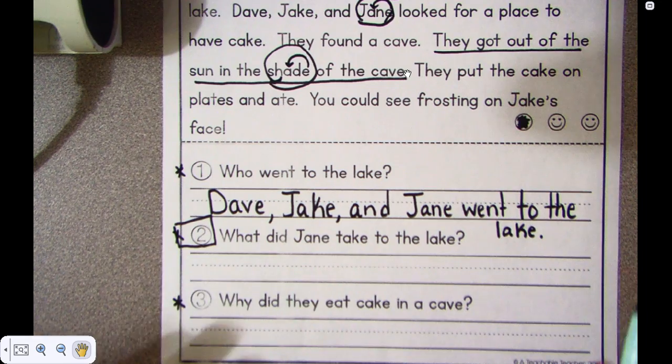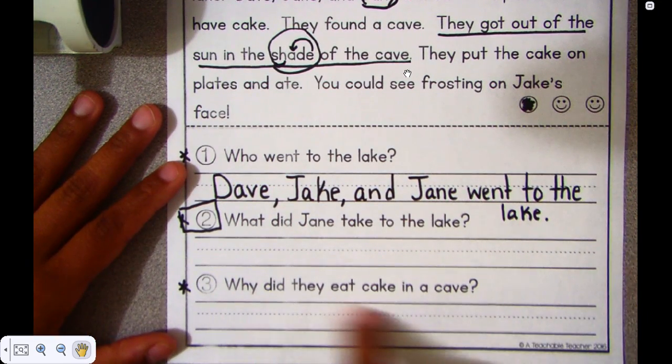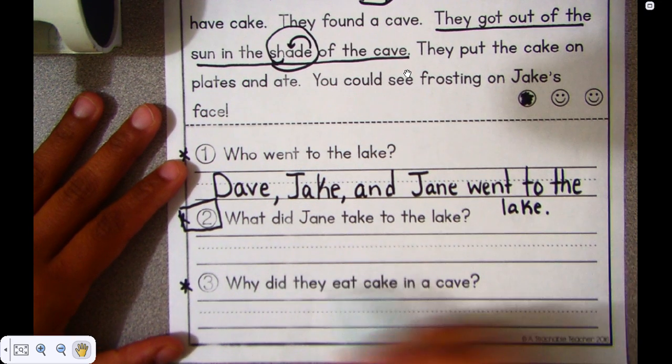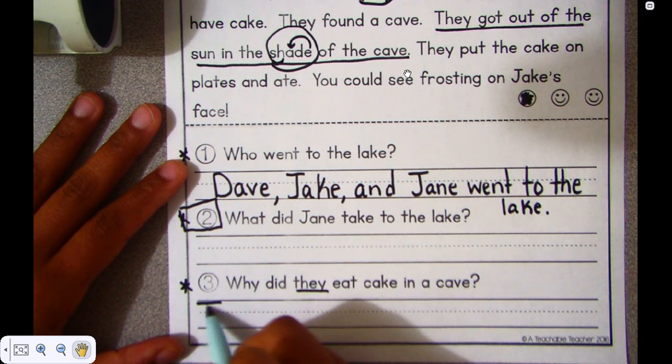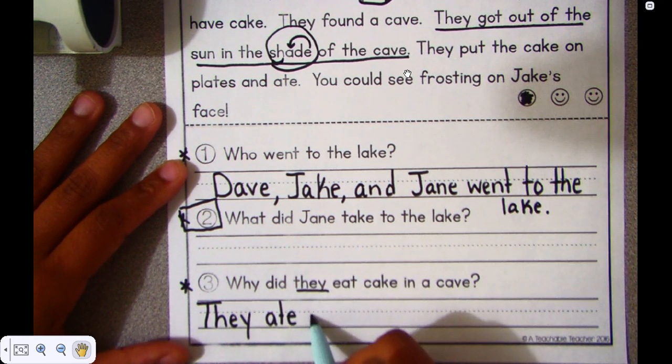So I want to make this sentence into my own words. So why did they eat cake in the cave? Well, who am I talking about? I have to say who the sentence is about. They, and what are they doing?